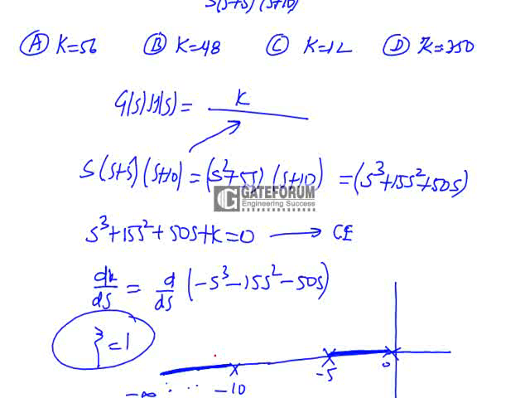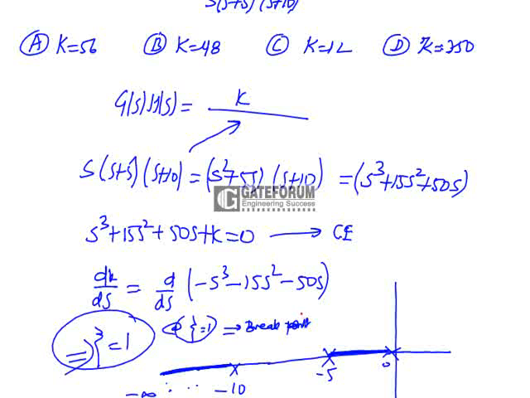Now for zeta equal to 1, we have to find the value of k for which the system is critically damped. That means the value of k for which zeta equal to 1. Zeta equal to 1 will be there only at breakpoints. You can remember this point: at zeta equal to 1, that means we have to find the breakpoint.